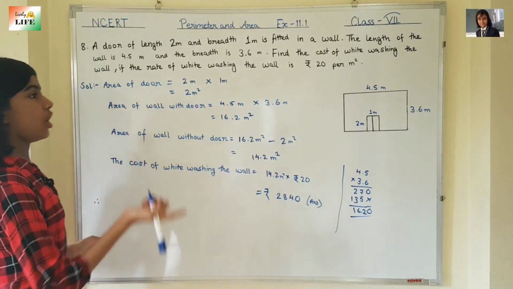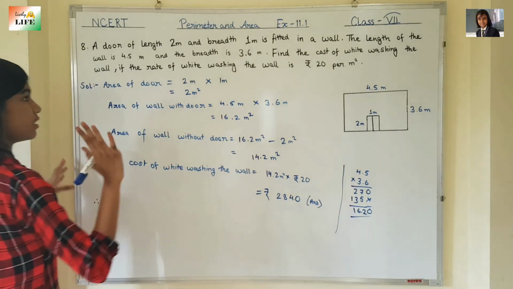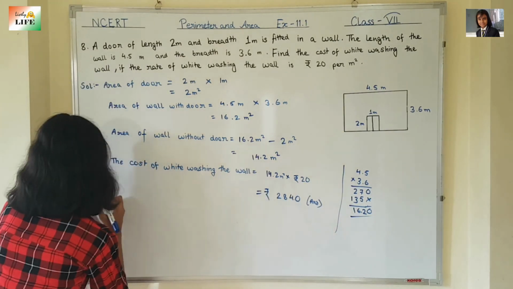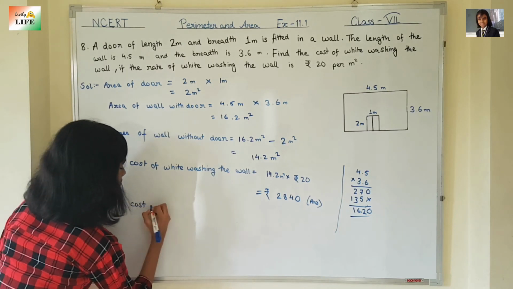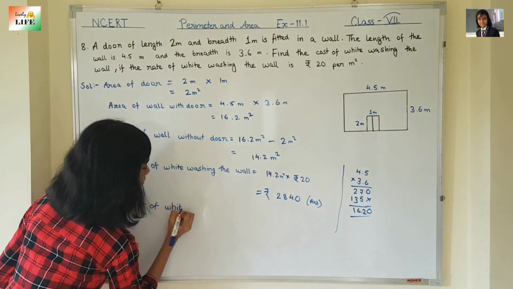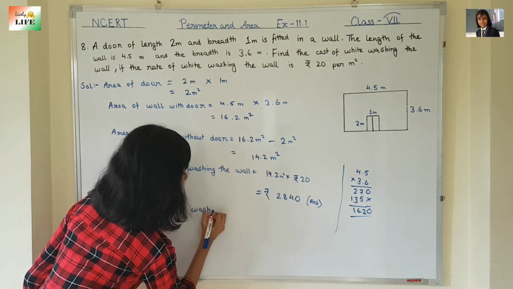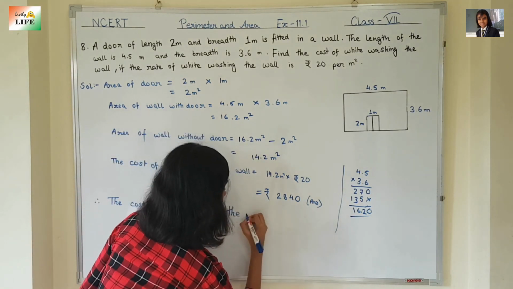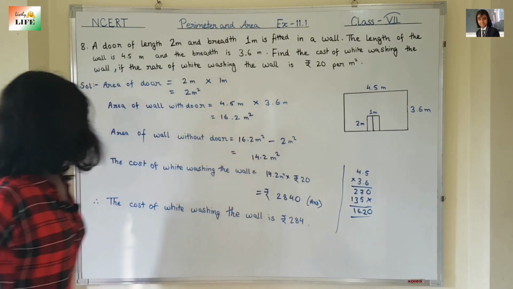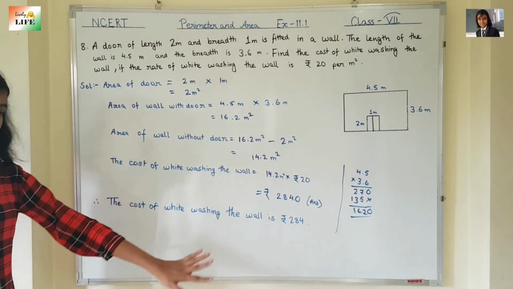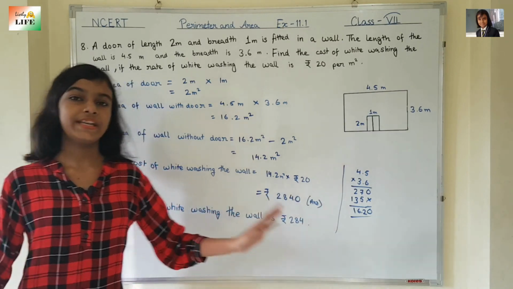Therefore, the cost of whitewashing the wall is rupees 284.